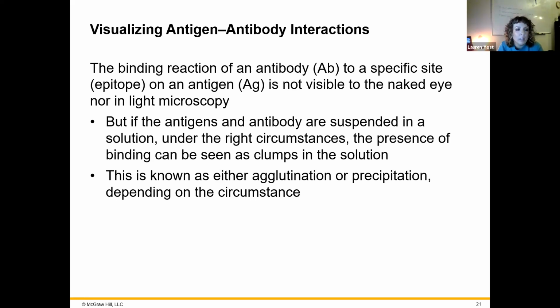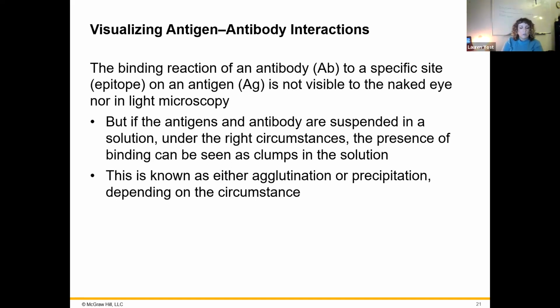So antigen antibody interactions, again, antibody is going to associate with a particular, very specific site, a very exact chemical structure and makeup, which we call an epitope, which is present on an antigen, which is something that we would be reacting to with our immune system. So you can't actually see this directly.